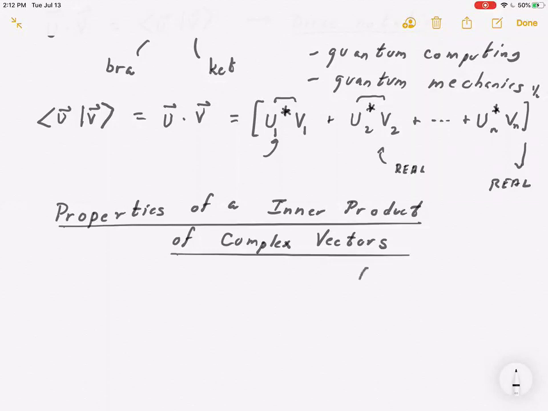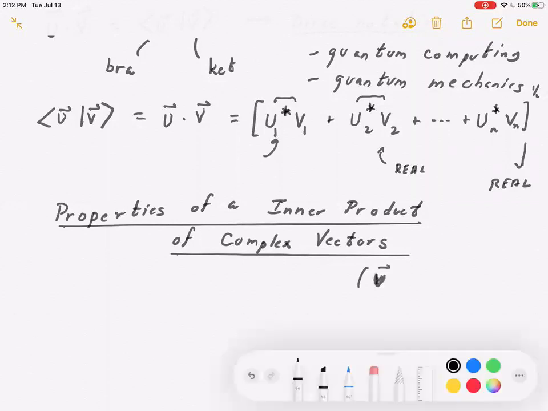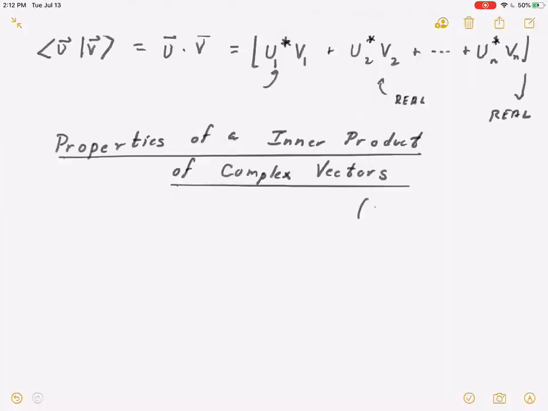And here, for this example, I'm going to assume that u, v, v1, and v2 are all complex vectors. There's always a possibility you can confuse the vector u with the vector v, so be careful.